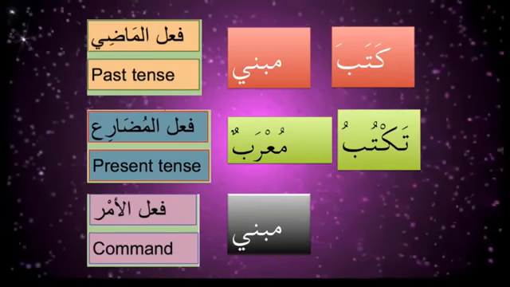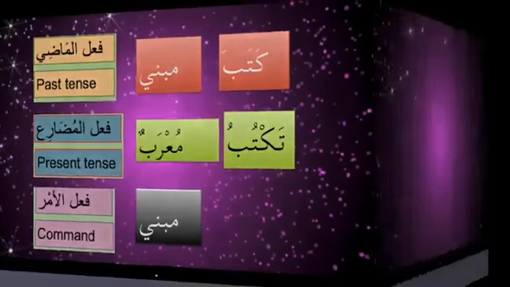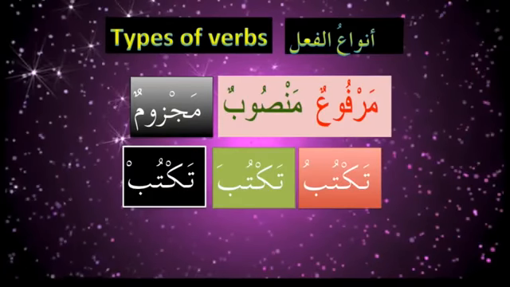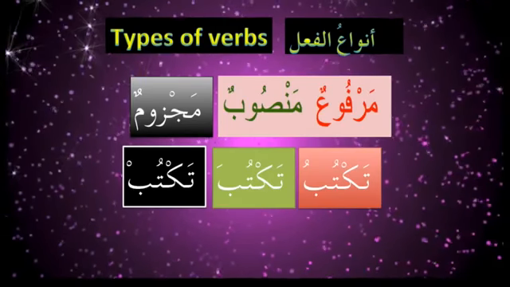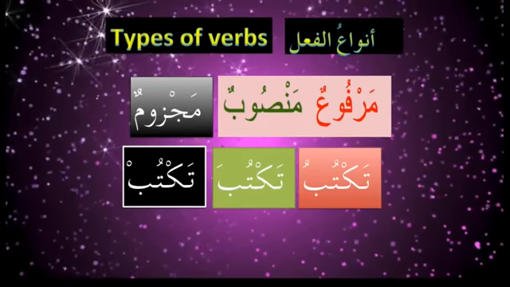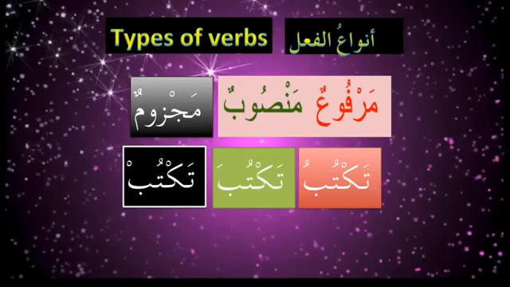Before we go to fi'l amr, inshallah we're just going to revise what we've learned before: the types of fi'l mudari'. It's marfu', for example, if you say taktubu, then mansub will be taktuba and majzoom will be taktub, so the fi'l ends with the sukoon.